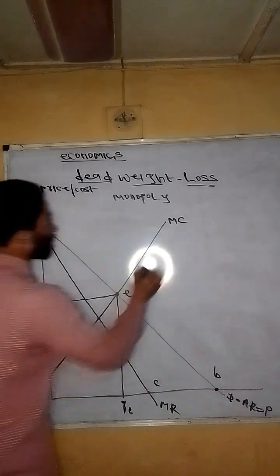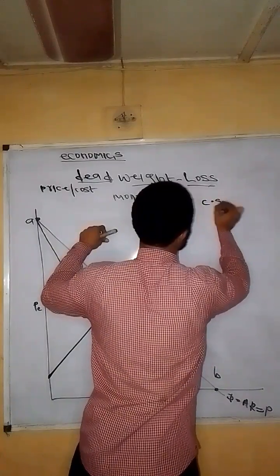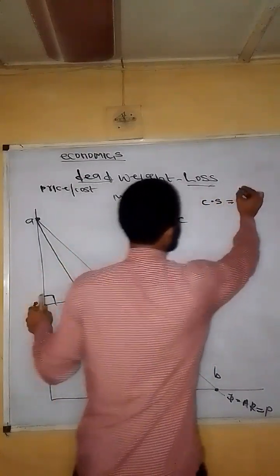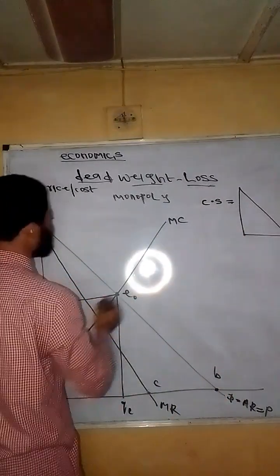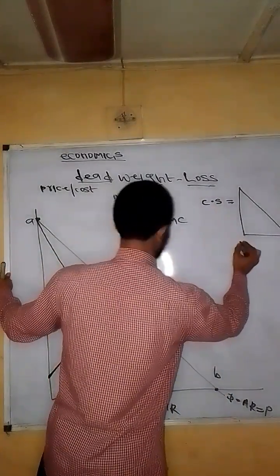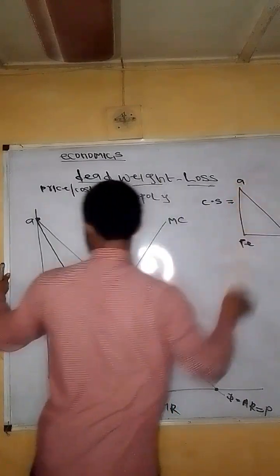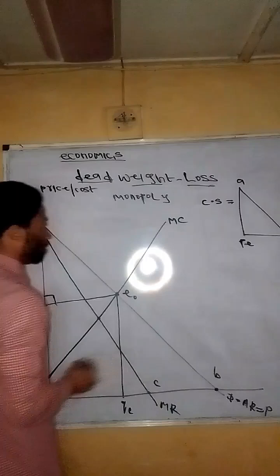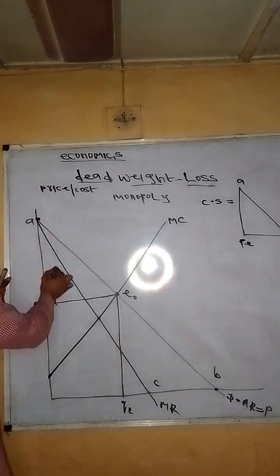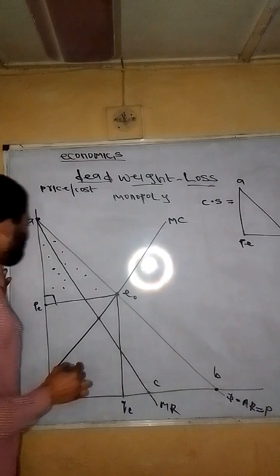In this diagram, please take note that in a competitive market, consumer surplus is the area of the triangle. Let me draw out this triangle, PE A, naught. This is the consumer surplus as far as a perfect market is concerned.